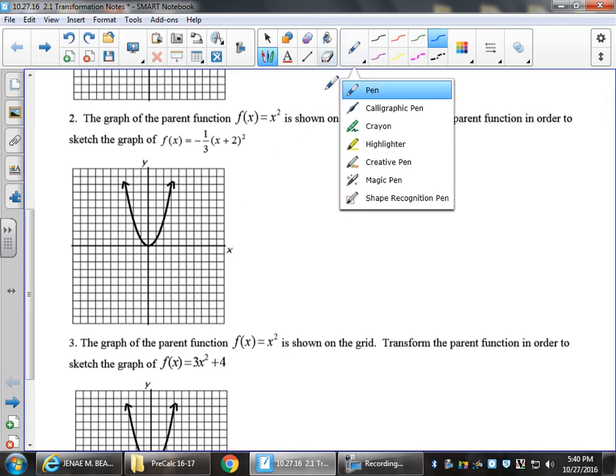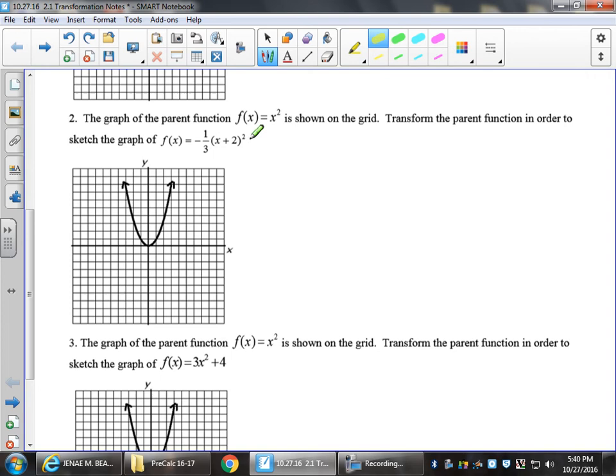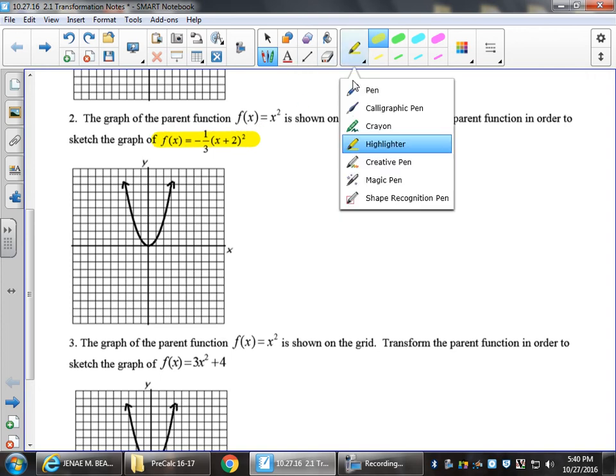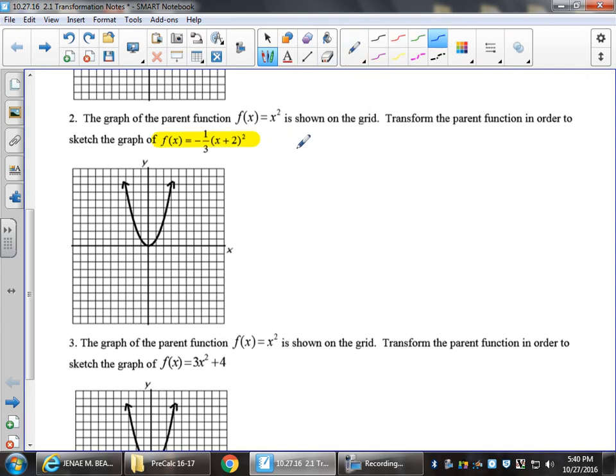Ask yourself, what form is this? We have vertex form again. I know that my vertex will be negative 2, 0. Remember that we have a built-in negative, so if I see a positive value, it means a negative value is plugged in. And we have a new a value to consider.